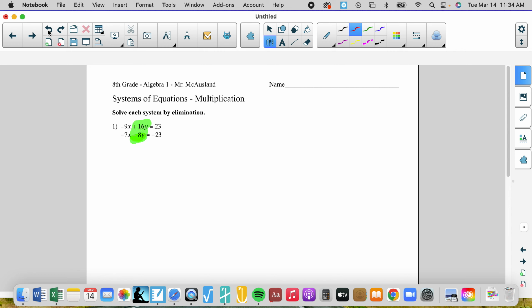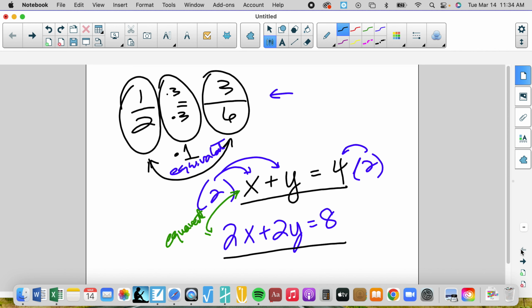Can we write an equivalent equation to this one, which would make the negative 8y a negative 16y? Because if this ended up being negative 16y, then it would cancel with this one. So can we multiply this equation by a value that would make it negative 16? Much like when we wrote an equivalent equation and multiplied everything by 2.